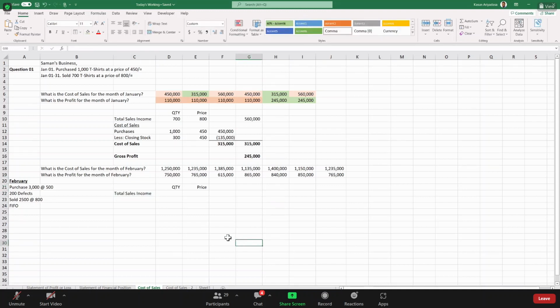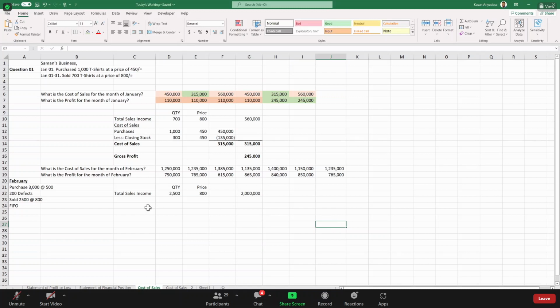Quantity, price. Total sales. We have sold 2,500 at a price of 800. So the total sales price is 2 million.